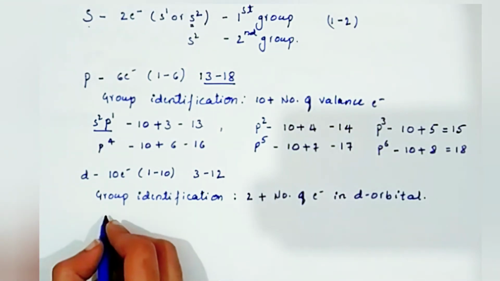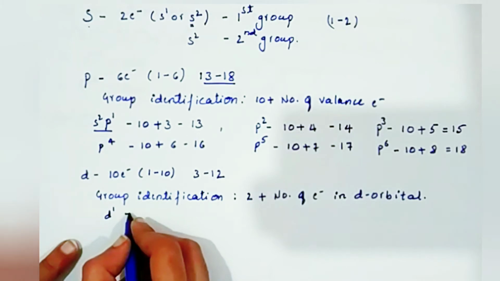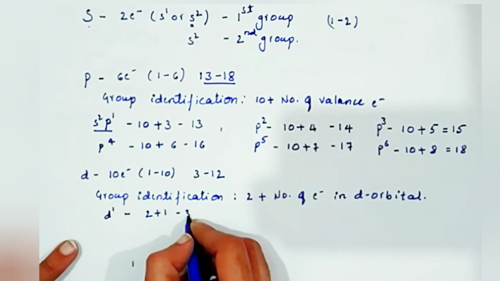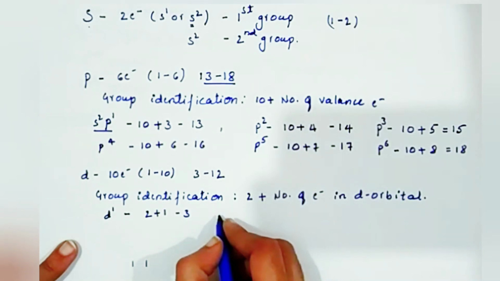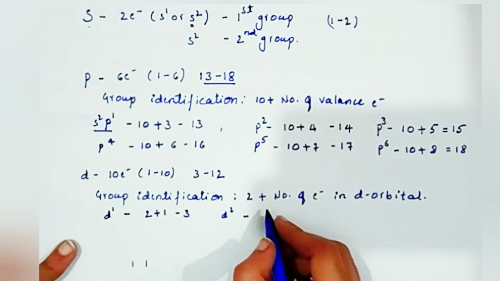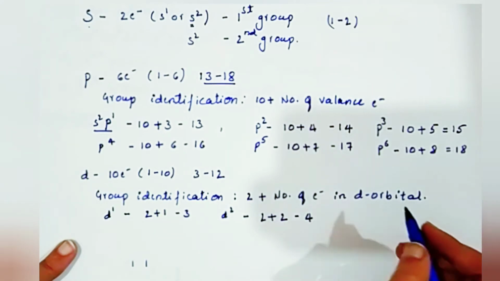So let us consider d1 configuration. The d orbital contains 1 electron, then it is 2 plus 1, 3. For d2 configuration, it is 2 plus 2, so it belongs to the fourth group.